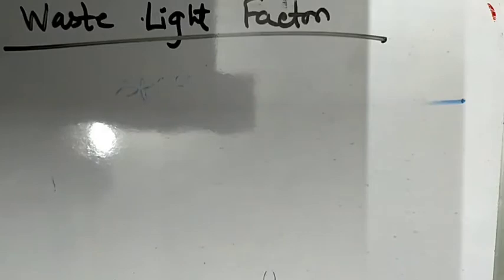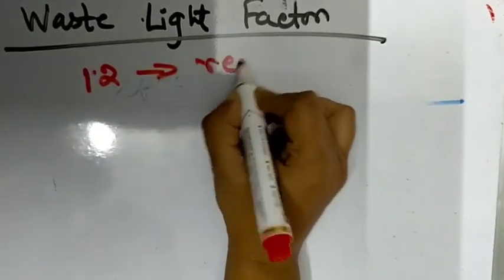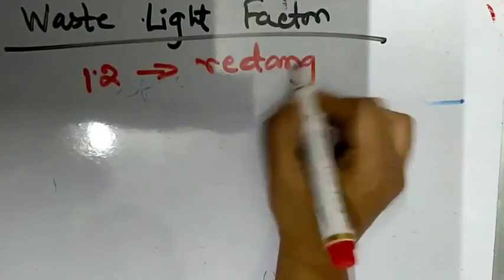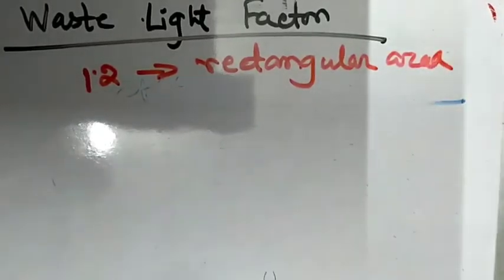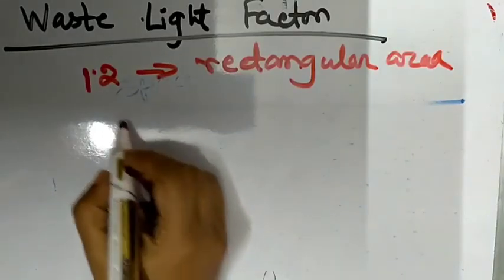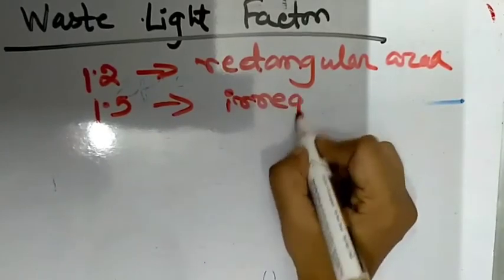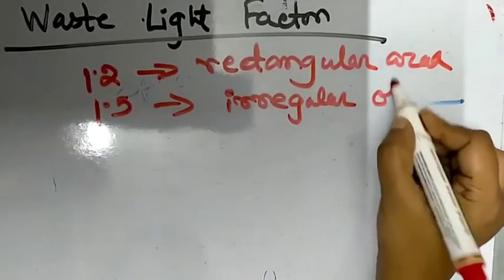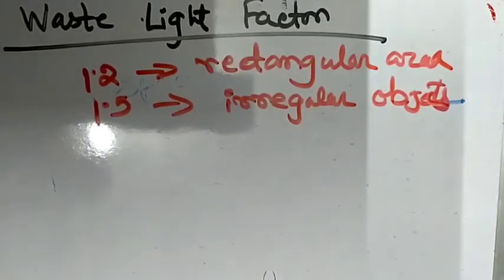So, value of this waste light factor is 1.2 for rectangular area and 1.5 for irregular objects such as statues, monuments, etc.